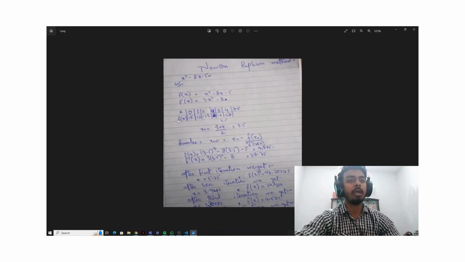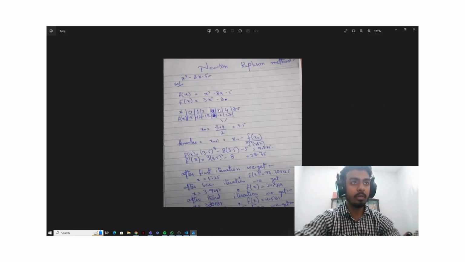Then we have x and f(x) for our root and the value of x. So we are going to take values of x and check where the sign is changing.